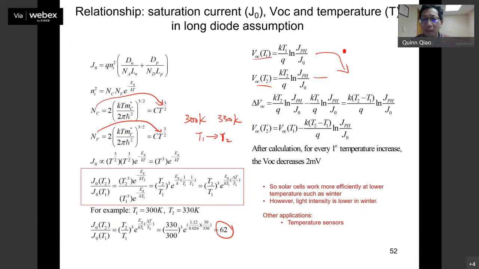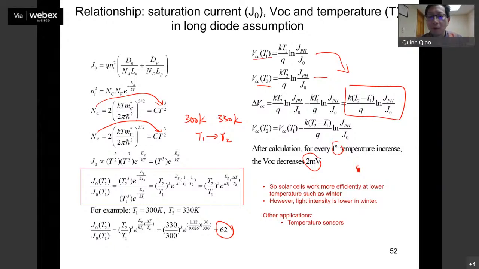Then you can rewrite that equation to this, okay? Then here you can see T2 minus T1 is 1 degree, what happens? Or again, T2 minus T1 is 2 degrees, what happens? So basically, you can just use Excel to plot, and find that every 1 degree temperature increase, you will see a decrease of about 2 millivolt.